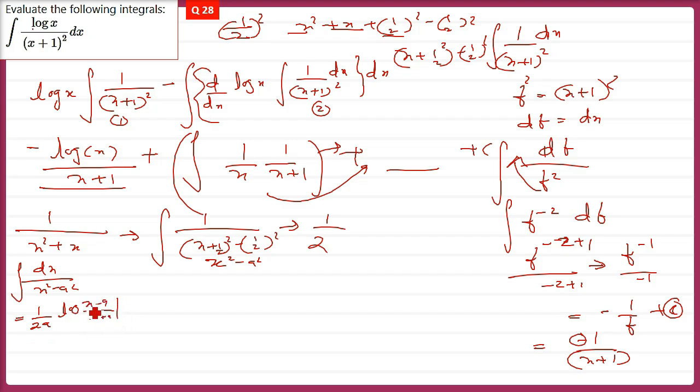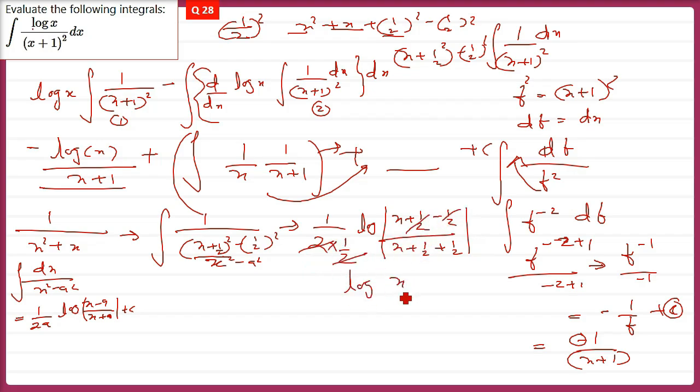You cannot have a negative inside the log. So we'll write this in terms of the formula. 1 by 2a, a is half, and x is x plus half here. Log of x minus a, x plus half minus half, and denominator x plus half plus half. This gets cancelled. This will become log, this gets cancelled, log x by half plus half is 1.